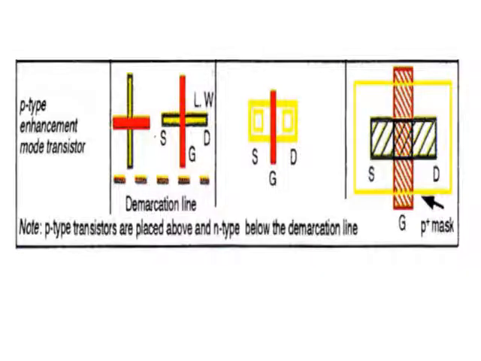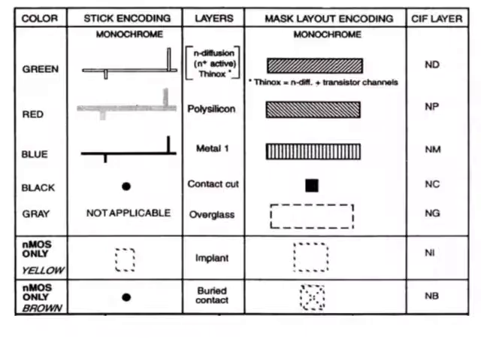This is a p-type enhancement mode transistor. Here also polysilicon is being crossed over by p diffusion because it is p-type, and this is the representation. So this is the summary of that.